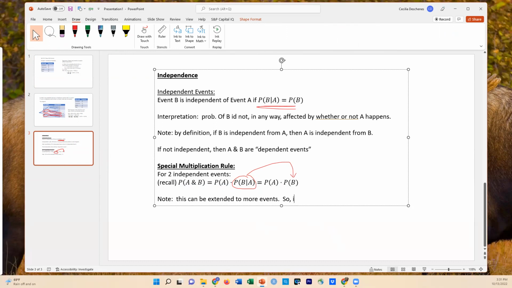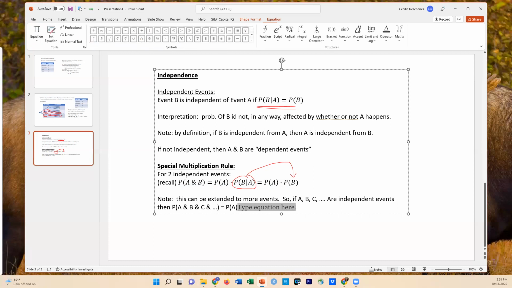If A, B, C, and so on, however many you have, are independent events, then the probability of A and B and C and so on is just the product of all of them: the probability of A times the probability of B times the probability of C.